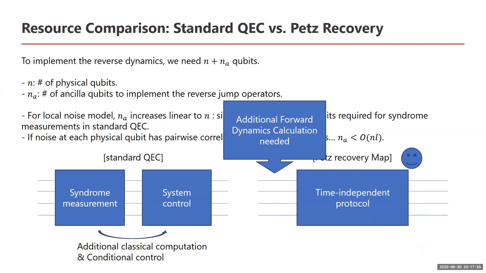This means we need to compute or track the entire forward dynamics of the system at the previous state. In other words, additional forward dynamics calculation is needed before this time-independent protocol. So while the path map reduces the need for active control, it comes at the cost of requiring full knowledge of the system's evolution.